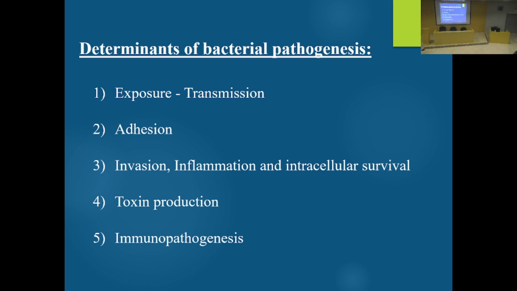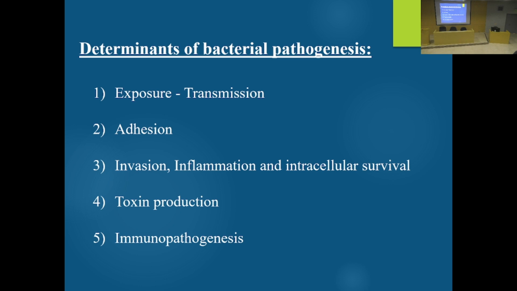Now you know the structure of bacteria and the virulence factors of bacteria, right? Now, coming to pathogenesis, what is the cycle? First and foremost, what do we require? We require a host. Second, a pathogen. And third, a suitable environment. When these three things are present, of course there can be an infection.